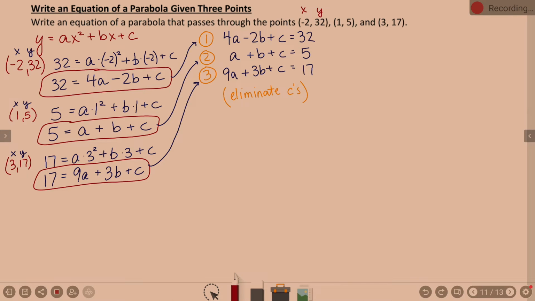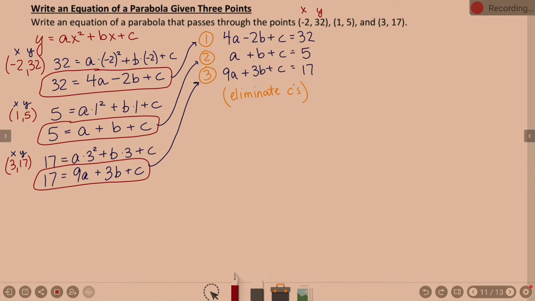Pick one of your equations and multiply it by a negative 1. And I would use that with both of the other 2 equations. My preference on something like this, I like to take this a plus b plus c equation and multiply it by a negative. Not that you have to. Just pick one you want to multiply by a negative, and we'll put it with both the others.